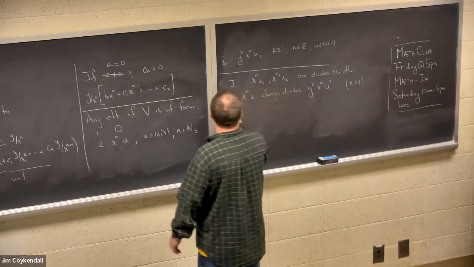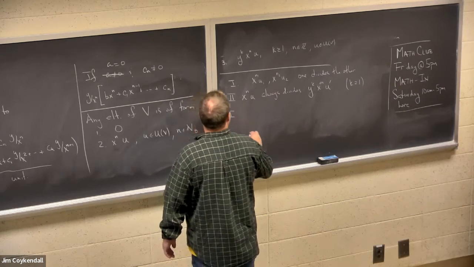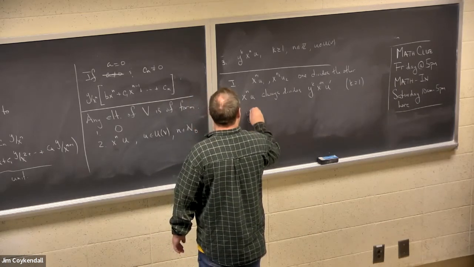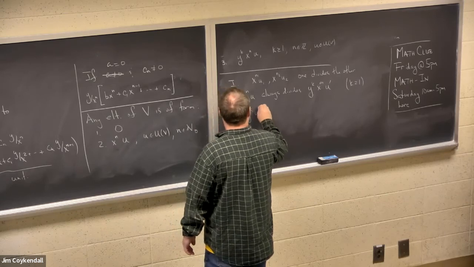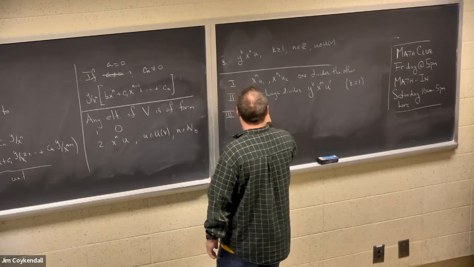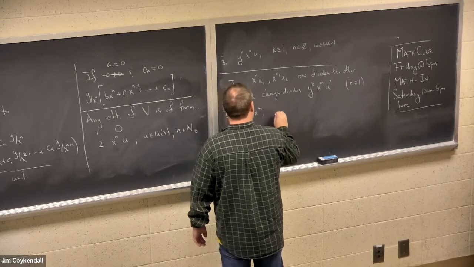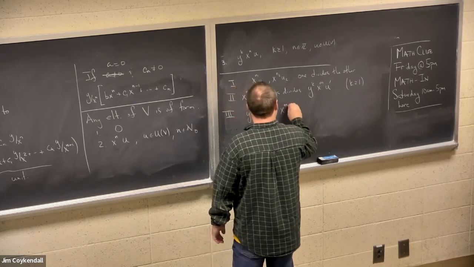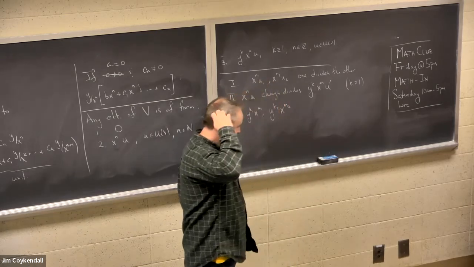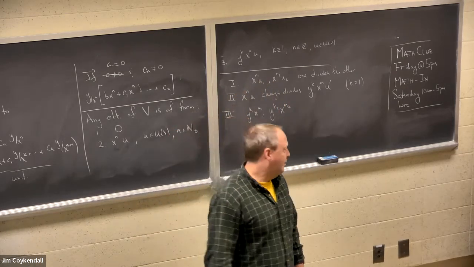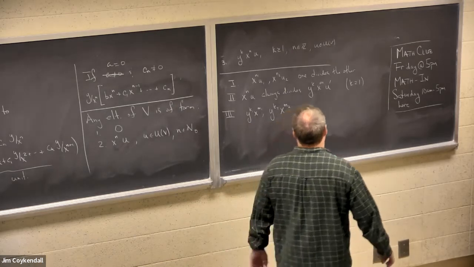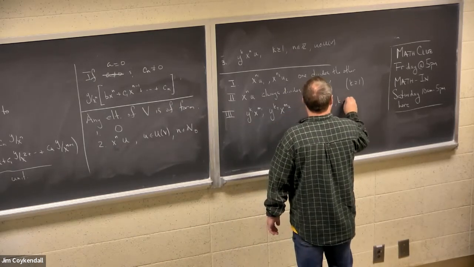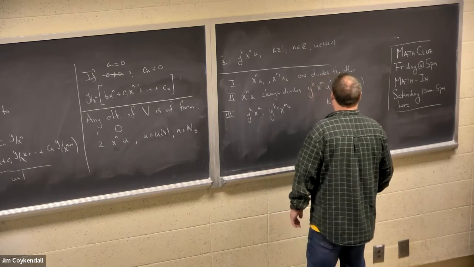And finally, this is the hard one. What if you have y to the k1 x to the m1 u1 and y to the k2 x to the m2 u2, where k1 and k2 are greater than or equal to 1?